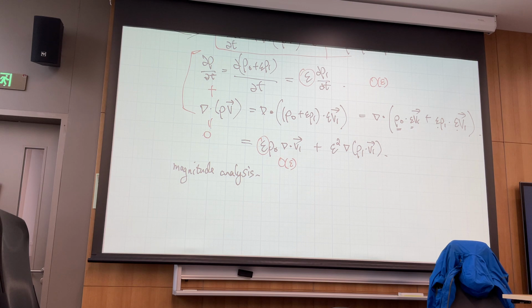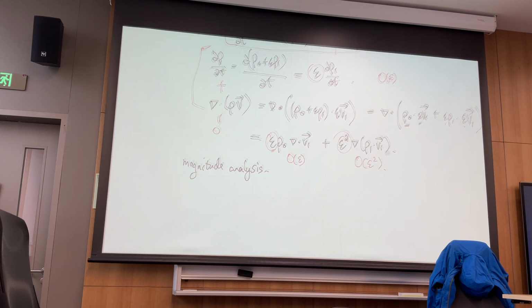There are also terms on the second magnitude, which is O(epsilon squared). If I want an equation to balance on both sides, then what I wish is that on any of the magnitudes this equation will hold. Otherwise, there are going to be inconsistencies.